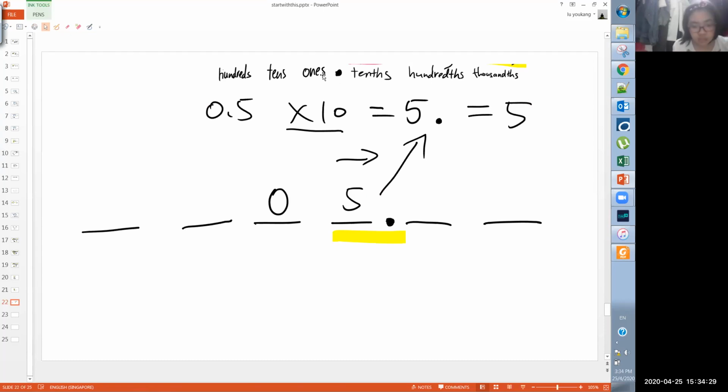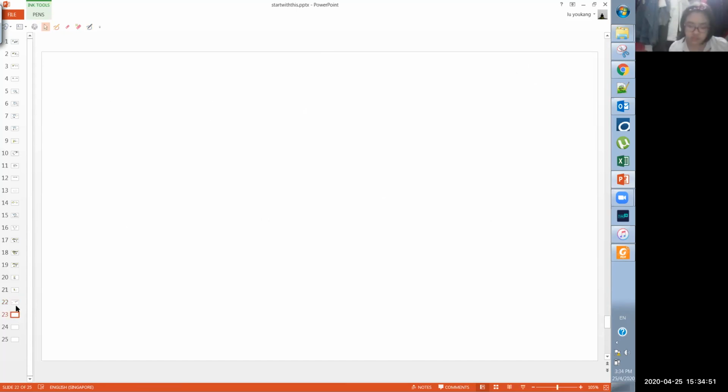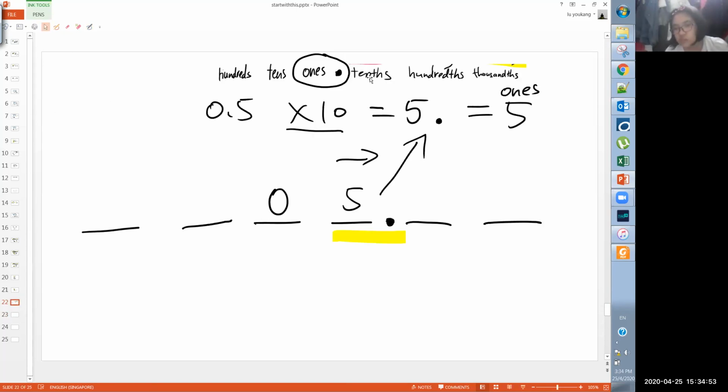So the dot, 5 dot means 1 dot, right? That means my 5 is my 1's position. Okay? One more child. Let me get this scale over first.